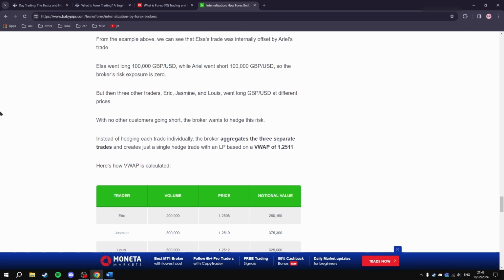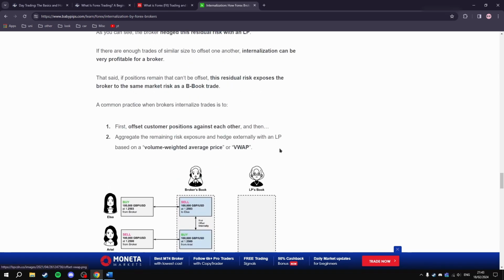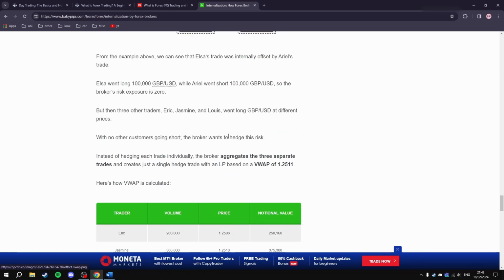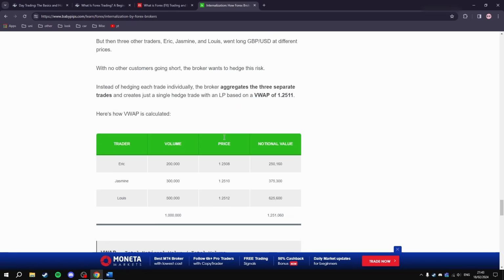Instead of hedging each trade individually, the broker aggregates. So I think aggregates just means adds it all up, or the summation, of the 3 separate trades, and creates just a single hedge trade from a liquidity provider based on a volume weighted average price of 1.2511.